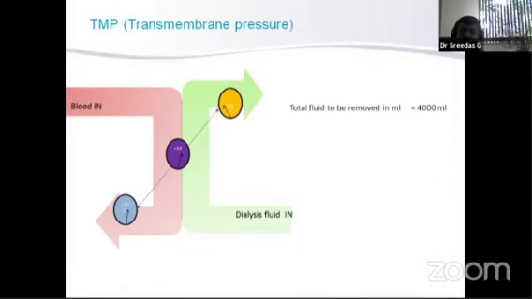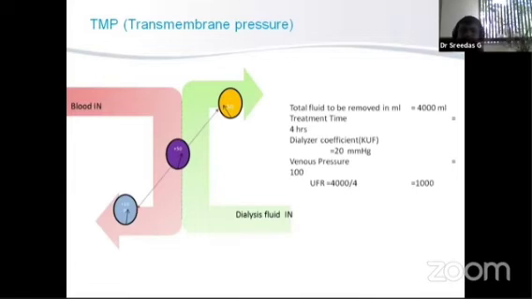So we'll just see an equation like that. We have set an ultrafiltration goal of 4 liters to be removed over a period of 4 hours, and we are using a dialyzer with a KUF of 20. That means 20 ml of fluid is removed from the blood using this dialyzer when you are keeping 1 millimeter TMP.